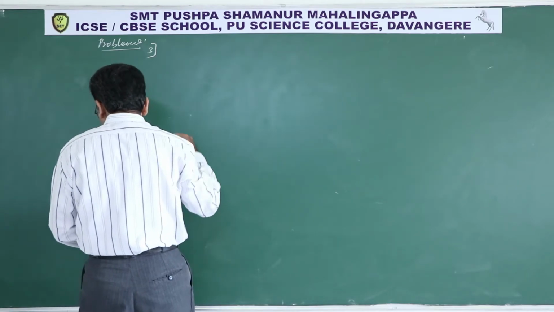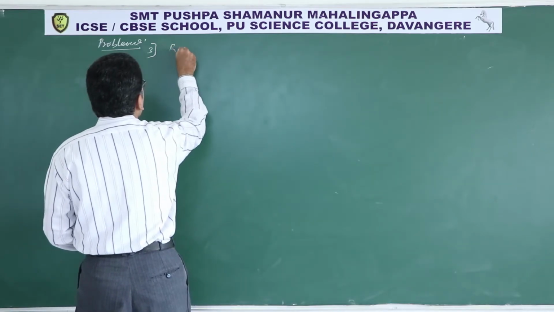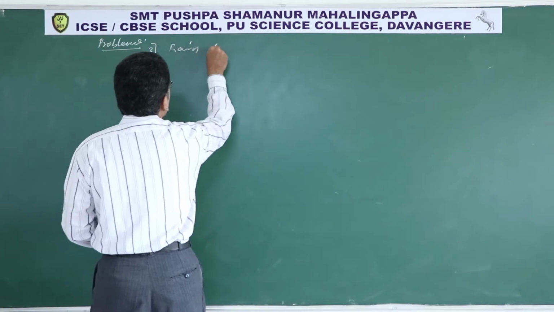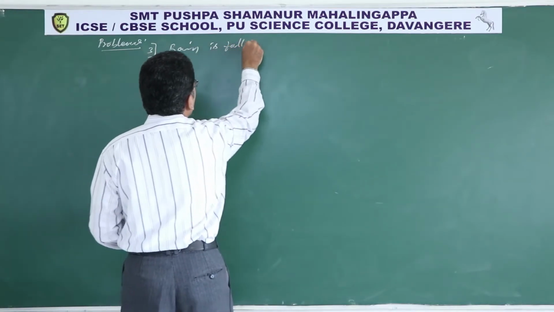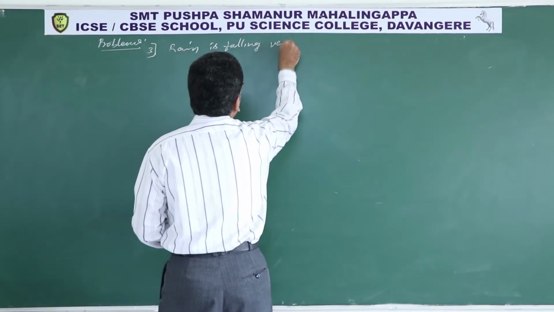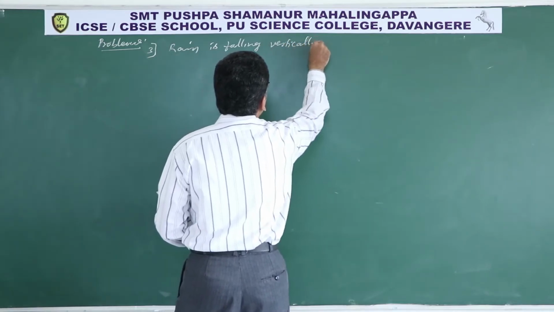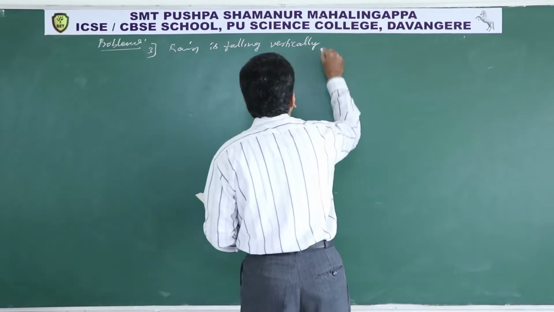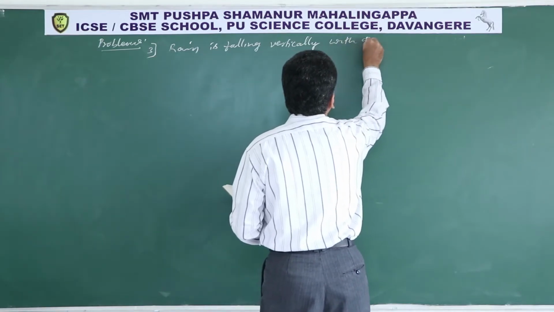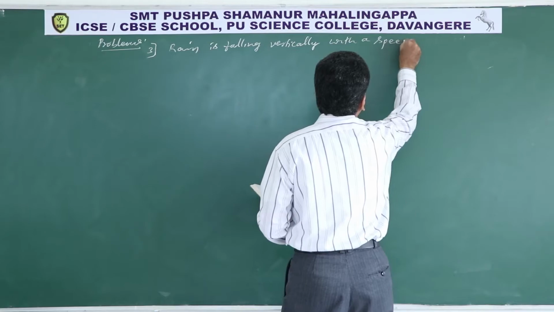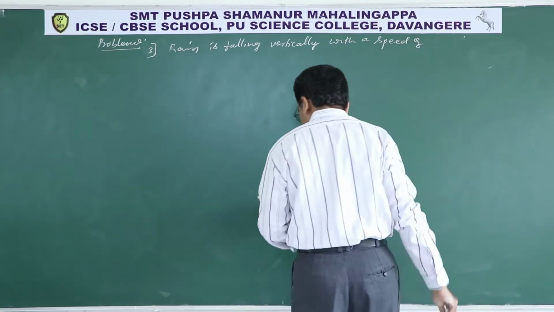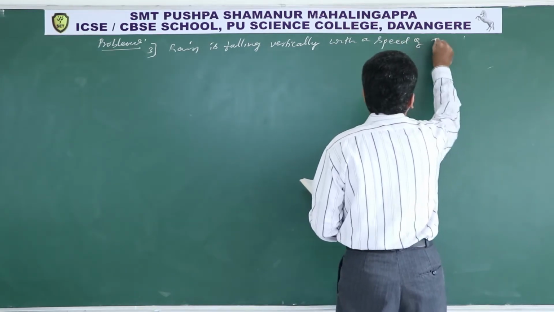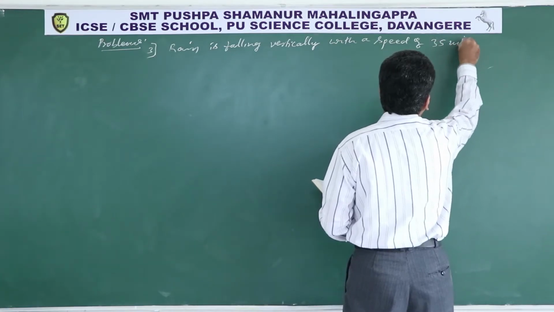Rain is falling vertically with a speed of 35 meter per second.